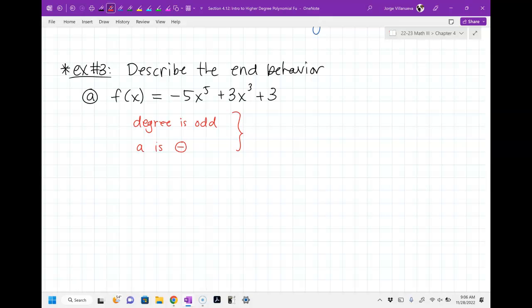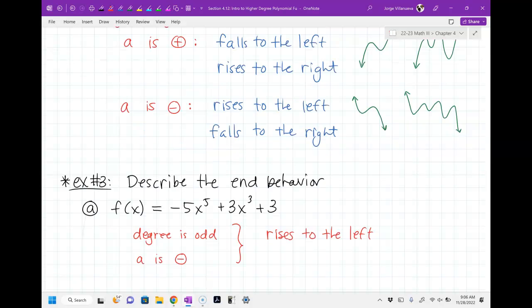Well, to the left it goes which way? Up or down? It falls to the left, rise to the right? Yeah, A is negative, and the degree is odd. Yeah, it's going to rise to the, unless I wrote it wrong, I don't think I did.